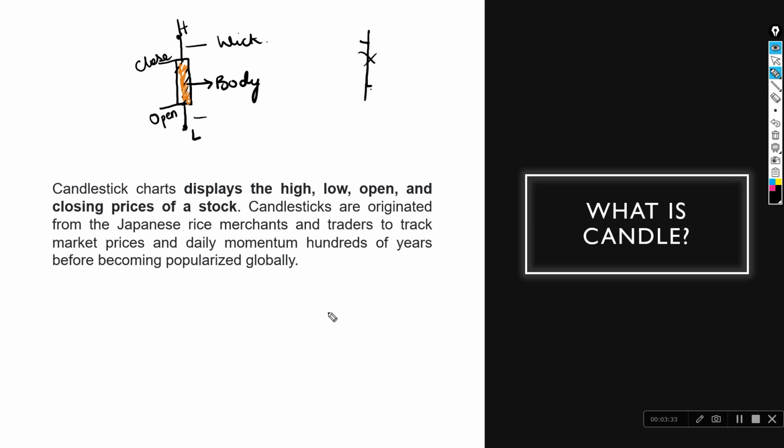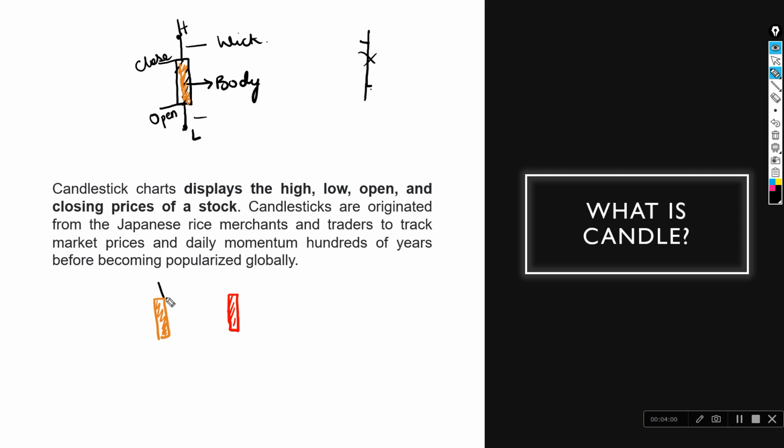So let me take an example of this one. It is a green candle. Assume that this is colored, obviously. And then I have the red candle here.